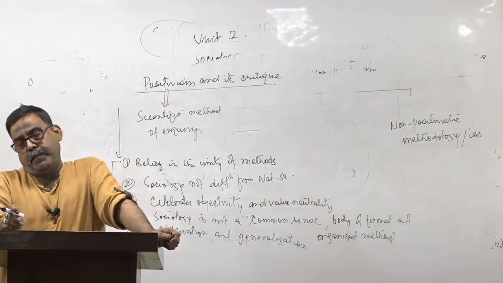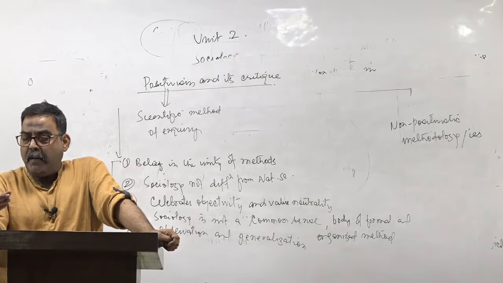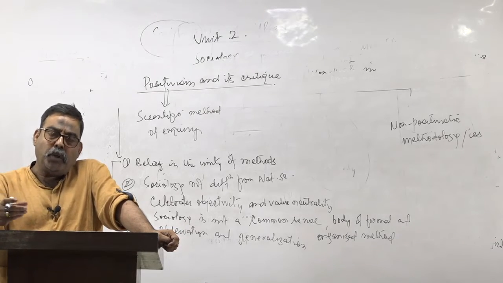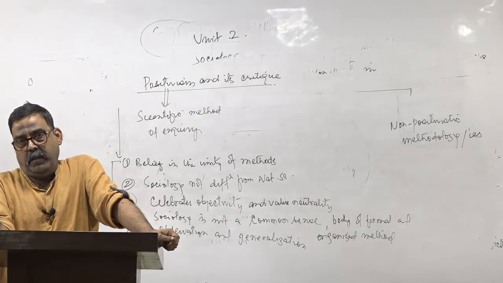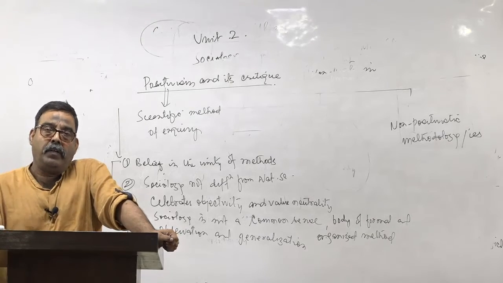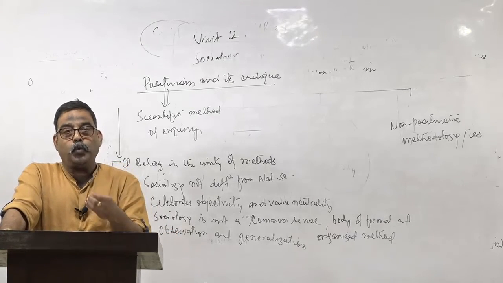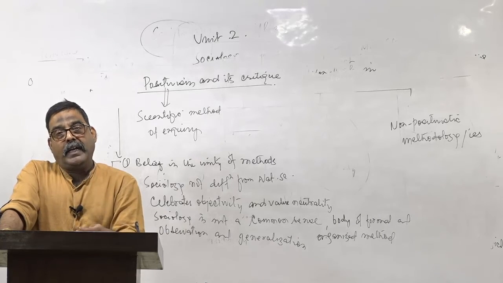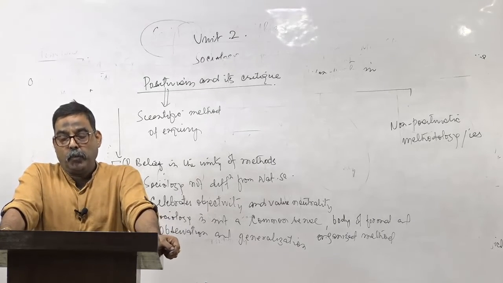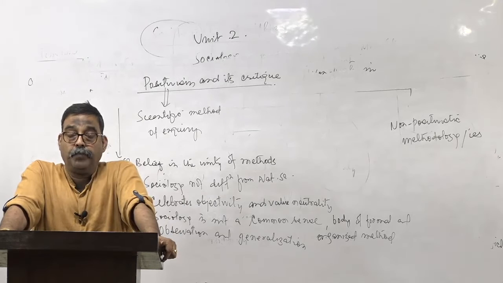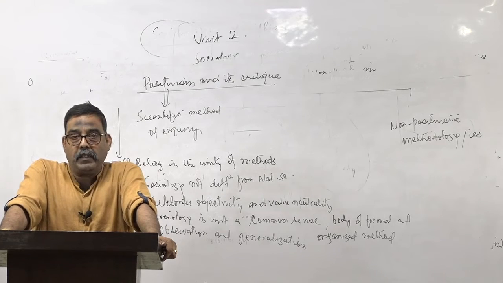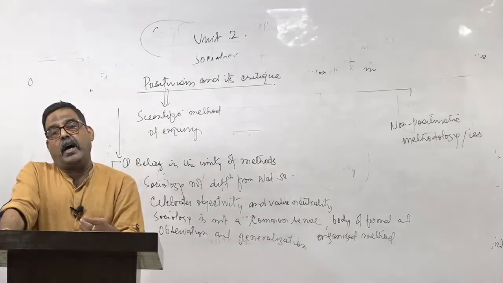The idea is surfacing that scientific study of society would not become possible without adopting the methods of natural science. Those who are now focusing on the adoption of the methods of natural science would be the positivist. Kant, Spencer, Durkheim.